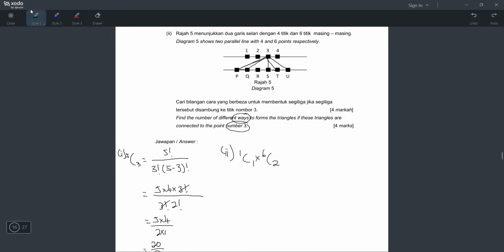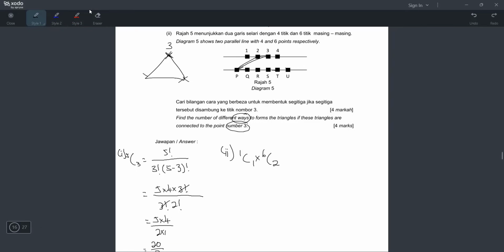And then for the rest here, you just choose another 2, right? But you have to consider another possibility, right? A triangle has 3 vertices, right? So just now I'm assuming that one of the vertices is 3, but it can also be a triangle like this, P32, right?